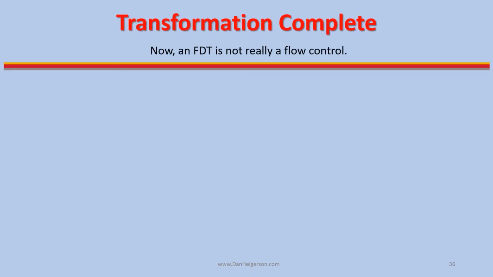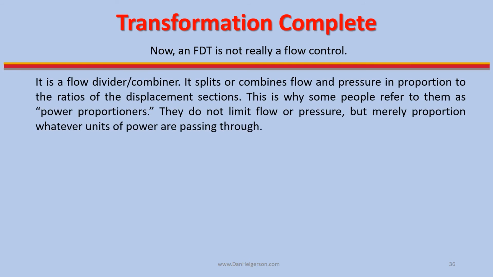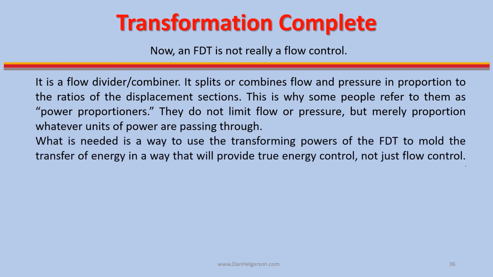Now, an FDT is not really a flow control. It is a flow divider combiner. It splits or combines flow and pressure in proportion to the ratios of the displacement sections. This is why some people refer to them as power proportioners. They do not limit flow or pressure, but merely proportion whatever units of power are flowing through it.